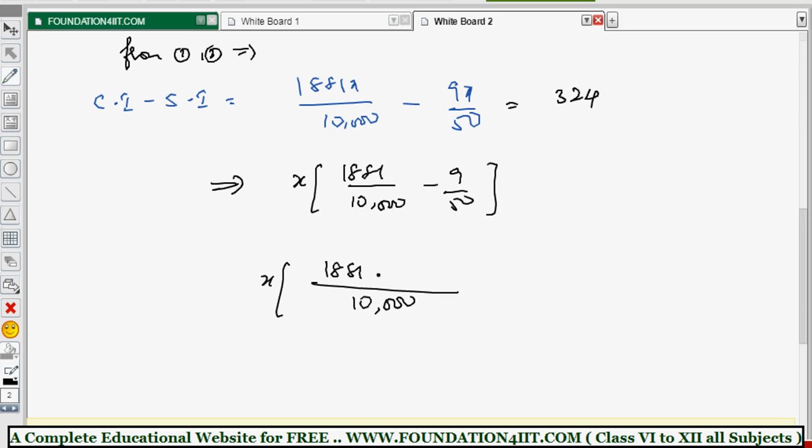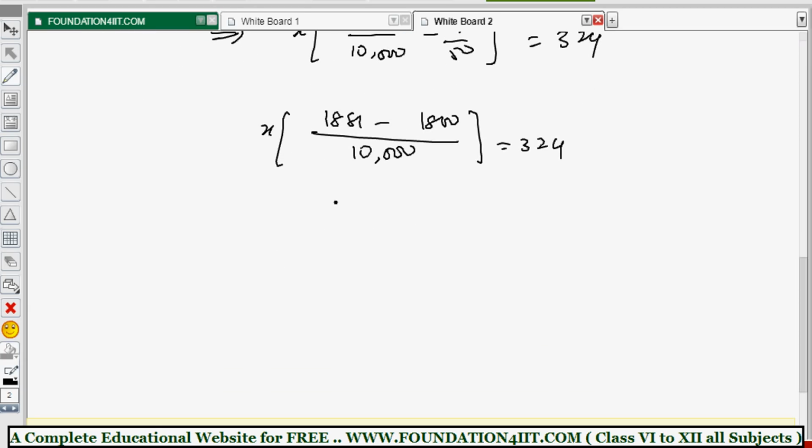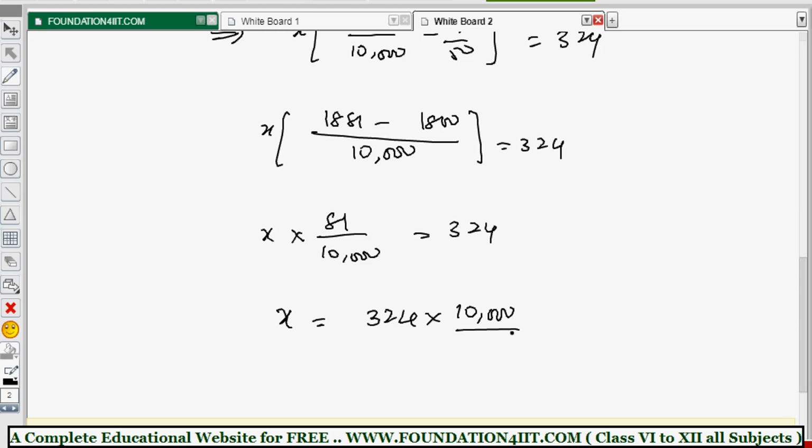Then 1881 minus, so 50 into 200 is 10,000, that means 1800. Just do the LCM, okay, and that value is 324. So simplify, then 81 by 10,000 x is equal to 324. Then from this, x is equal to 324 into 10,000 by 81.